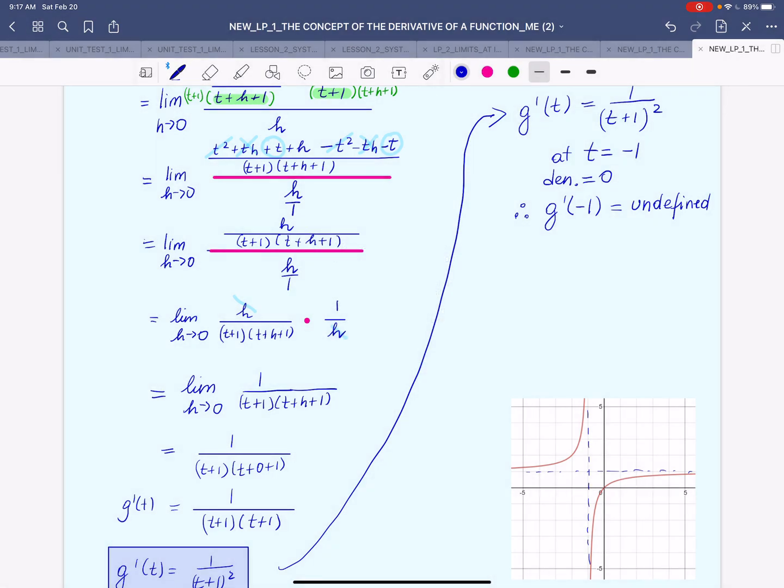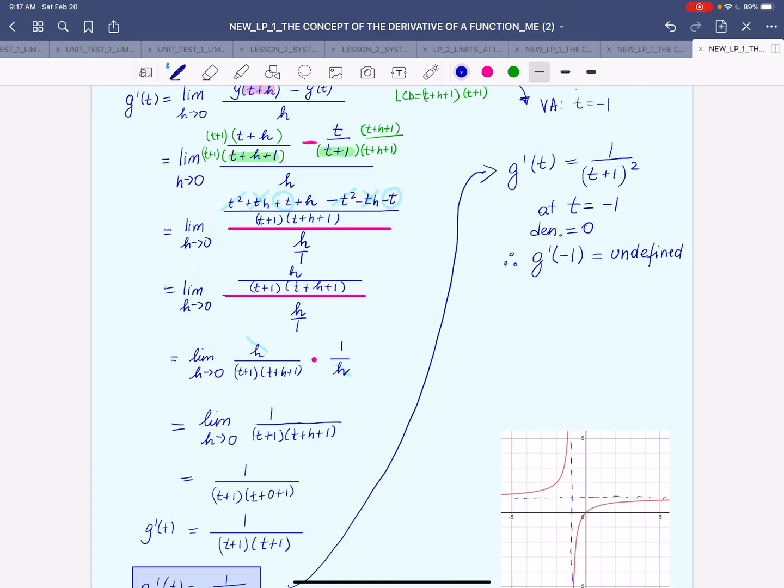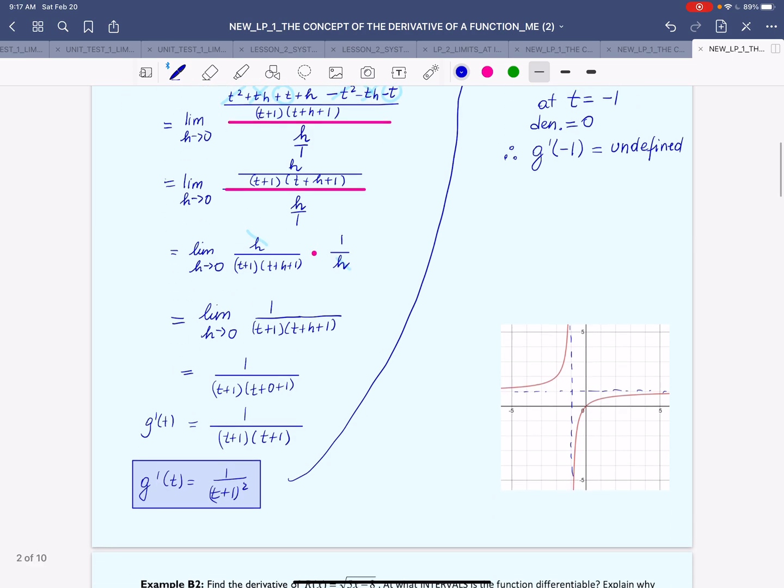Okay? So this is one of the cases when we see functions being non-differentiable at a point. So a function is non-differentiable at a point where it's undefined, when it has an asymptote, if you want to look at it from the graphical point of view.